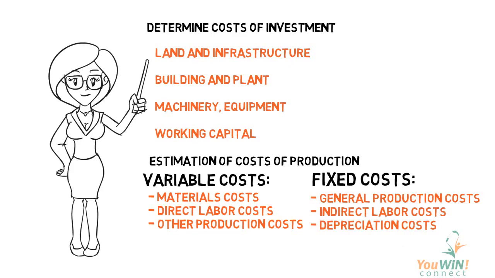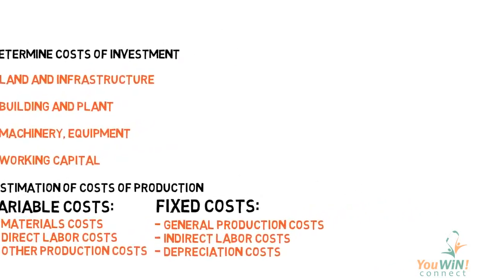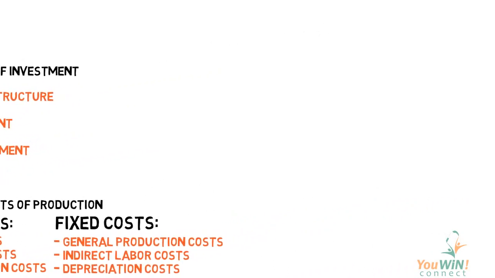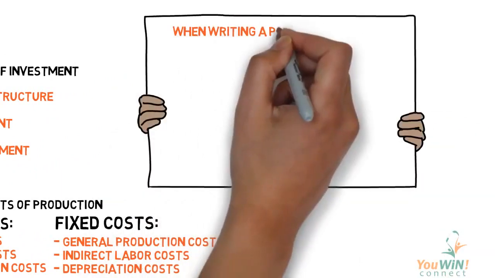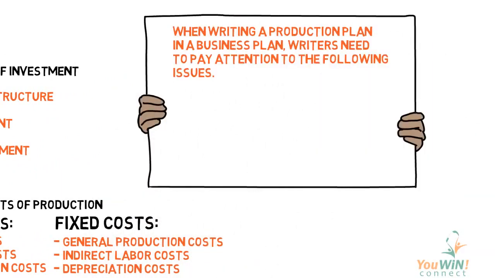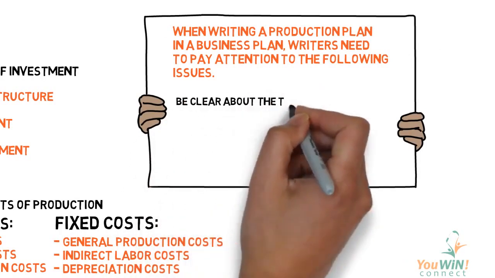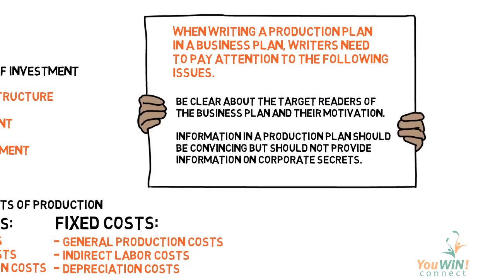In closing up the discussion on production planning, a few things that we need to note and be aware of. When writing a production plan in a business plan, we need to pay attention to two main issues. First, you have to be clear who the target readers of the business plan will be and what their motivation is.